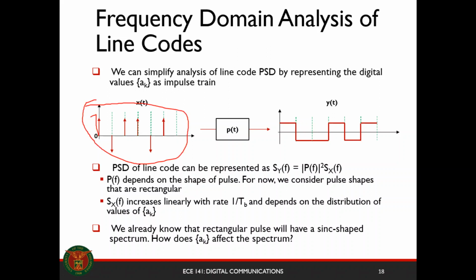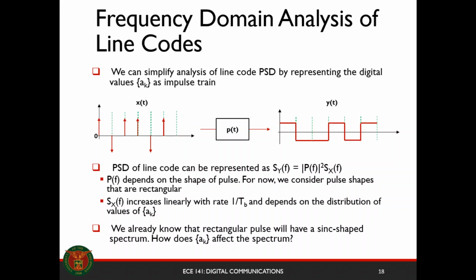It's 1 if it's standing at the positive side. It's 0 if it's standing at the negative side. And you plug them in a pulse P of t, which results in the line code of what you want. Right? In this case, it's just your bipolar signaling.